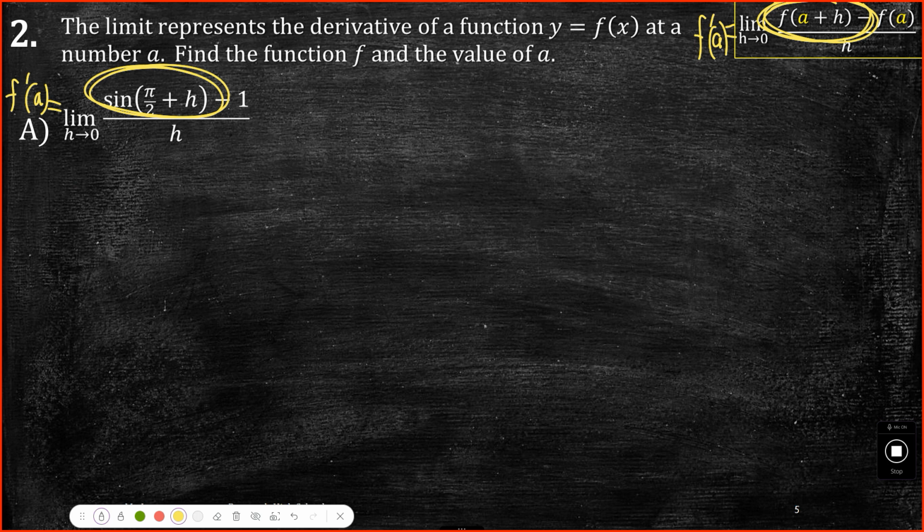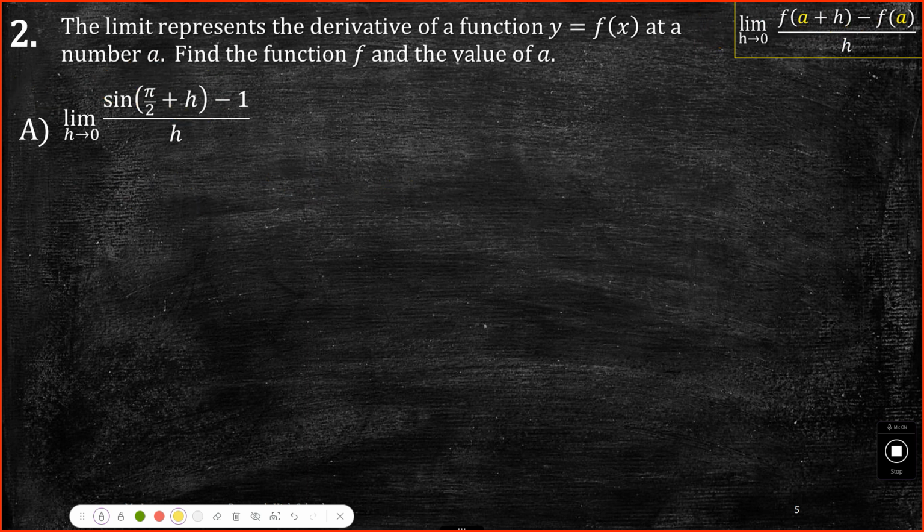And because this h would just be this h, it would always be there, our a value has to be pi by 2. A equals pi by 2. And our function will be this whole thing, where pi by 2 plus h is actually x. So then we have the function f of x equals sine x.